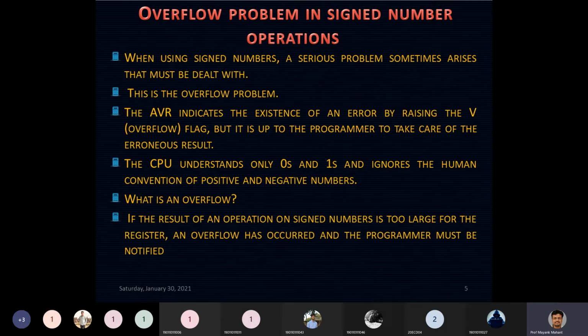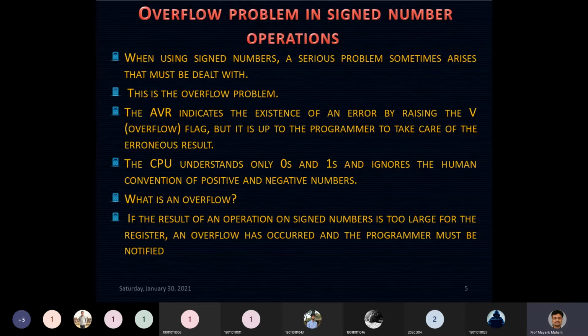Now there is a very important thing happening, or I can say a very big problem that occurs when we are talking about a signed number, that is the overflow problem. First of all we need to discuss what an overflow problem is. Already we have talked about that your D7 bit is not a part of your magnitude. The magnitude is only from D0 to D6.